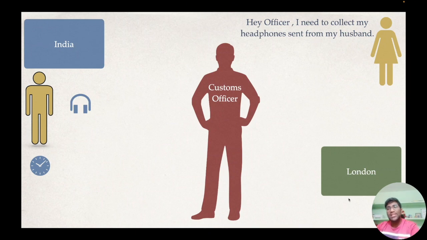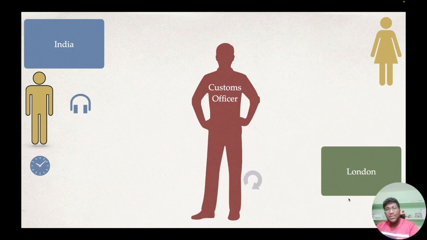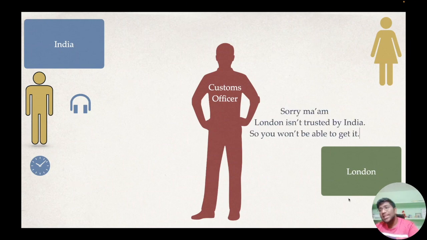He processes everything, and then says, sorry ma'am, London isn't trusted by India, so we won't be able to give it. So we were able to allow products from London to India, but not from India to London, because London is not in the trusted list of India.